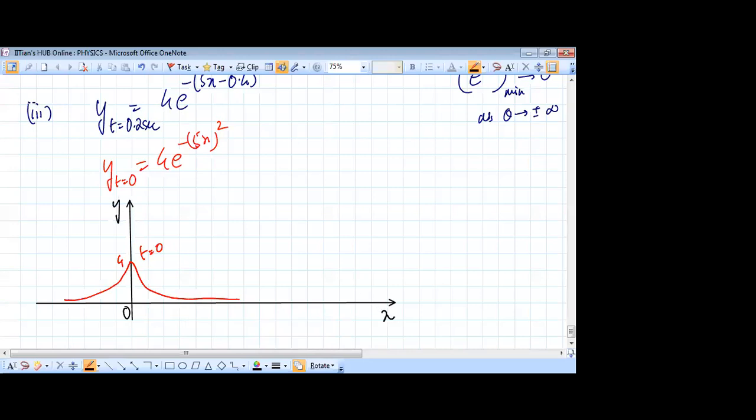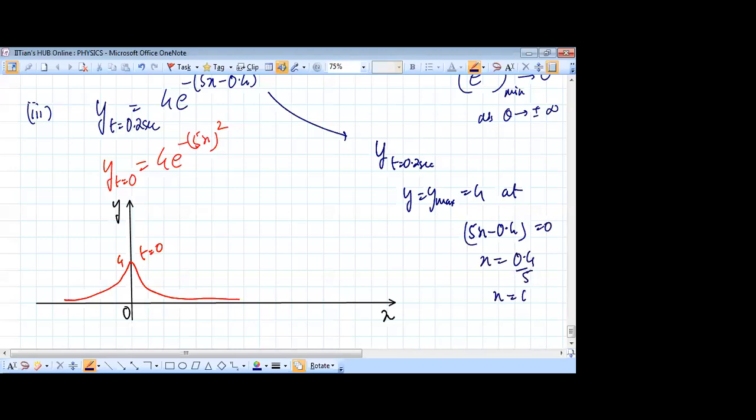But now, for example, at the designated time where we have to calculate, at t equal to 0.2 seconds, you can see y is equal to y max or 4 at the position where 5x minus 0.4 becomes 0, or x becomes 0.4 by 5, or x becomes 0.08 meters.